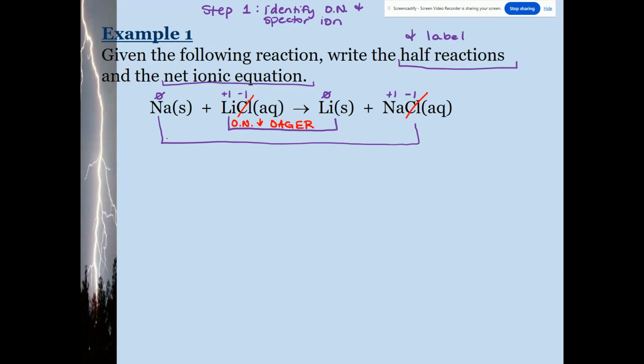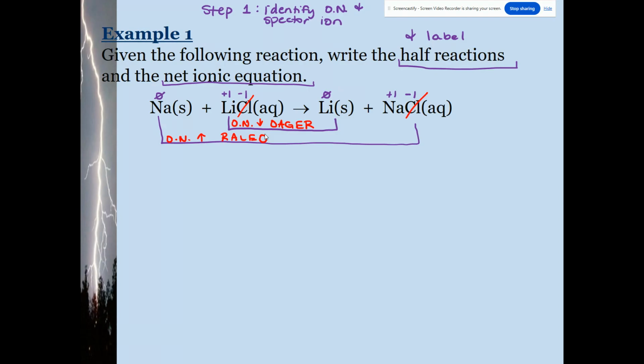And then my sodium is starting at 0 and it's increasing to +1. So it is my RALEO. Okay, so again, to figure out what's happening, start with oxidation number. Start with the ion charge. If it goes down, it's the OAGER. If it goes up, it's the RALEO.